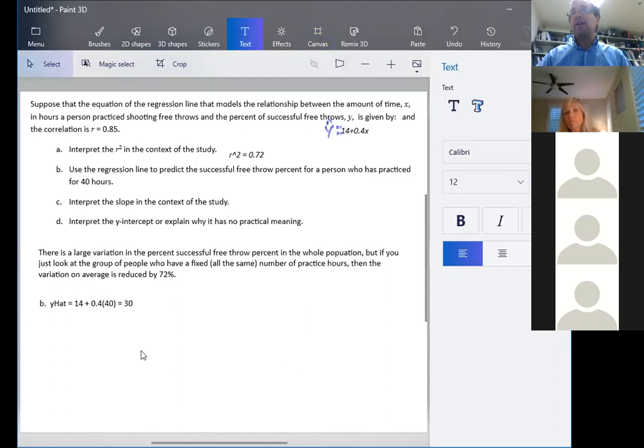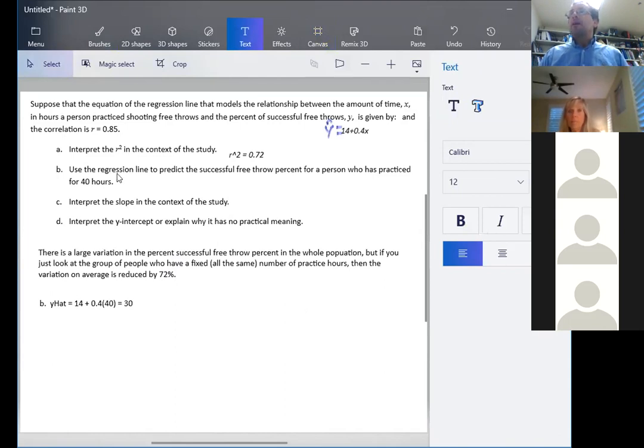Any questions on that? Someone who has practiced for 40 hours in their entire life is expected to have around a 30% free throw success rate. 40 hours is not that much for a lifetime of practice. Any questions on that?